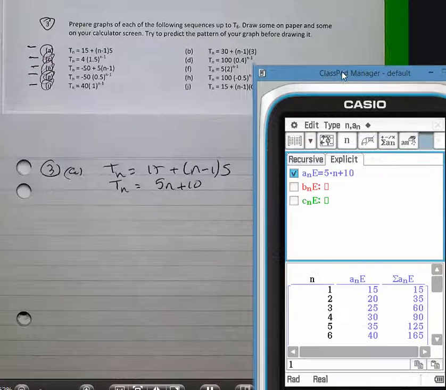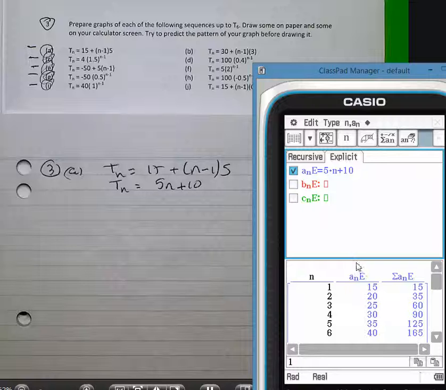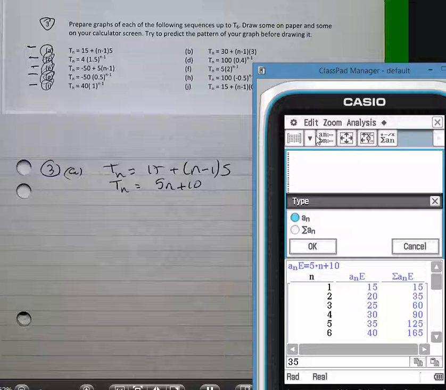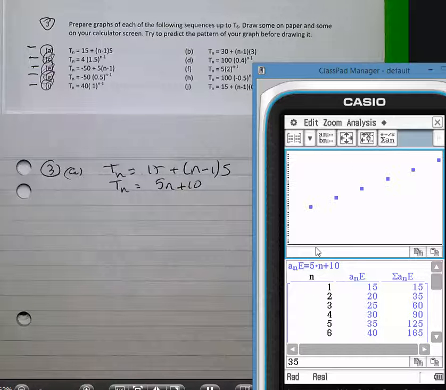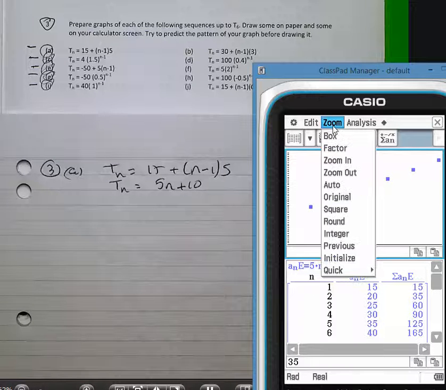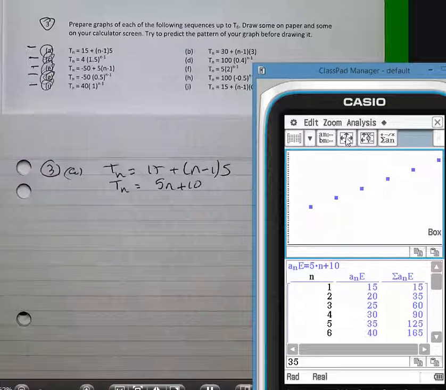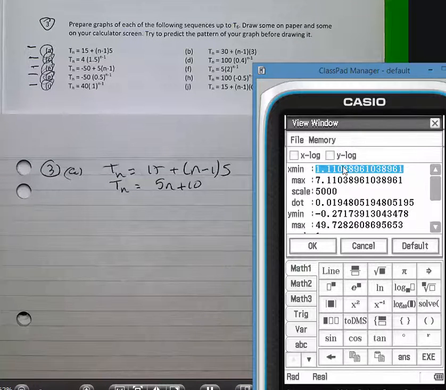When we do that and enter it onto our sequence mode, we can either go straight from the table to a graph, or if you choose, you can generate a graph sequence like so. Now, zooming there, I can zoom in, zoom out, change my zoom box. So I can adjust it like so.